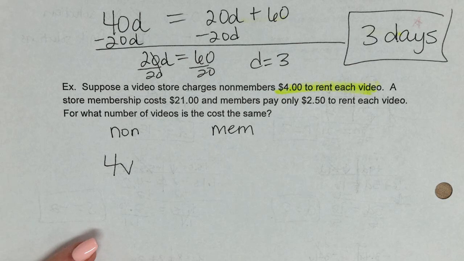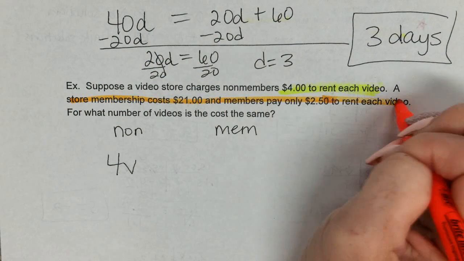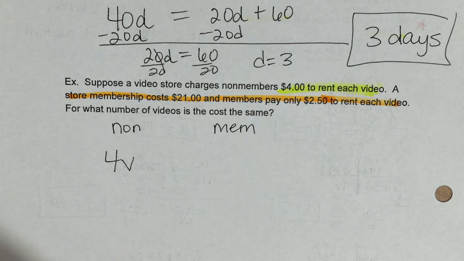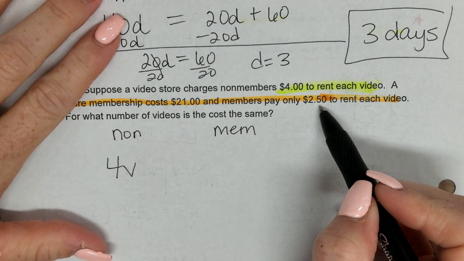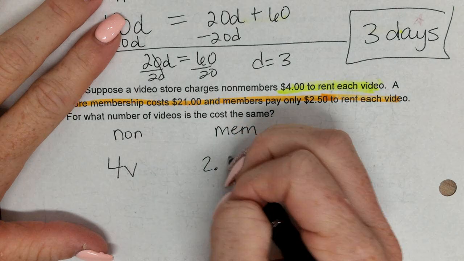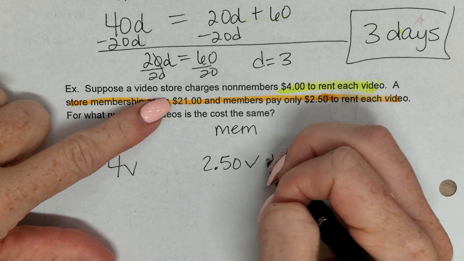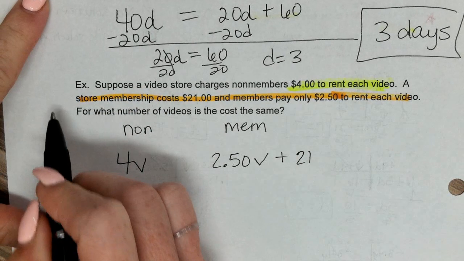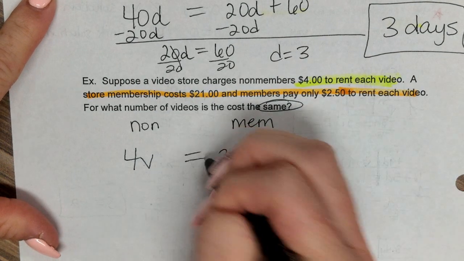All right, a store membership cost $21, and then members only pay $2.50 to rent each video. So which one of those is the rate? 2.50 times each video plus the fee of what? 21. For what number of videos will the cost be the same? So I put an equal sign.